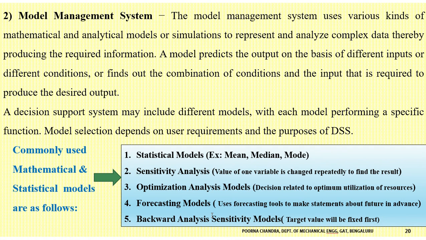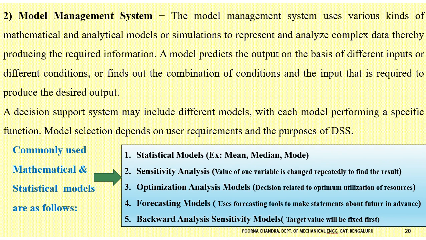Model selection depends on user requirements and the purposes of DSS. Plenty of models are available, so depending on the user requirements and the available inputs, different models can be selected to achieve the required output. Commonly used mathematical and statistical models are as follows.